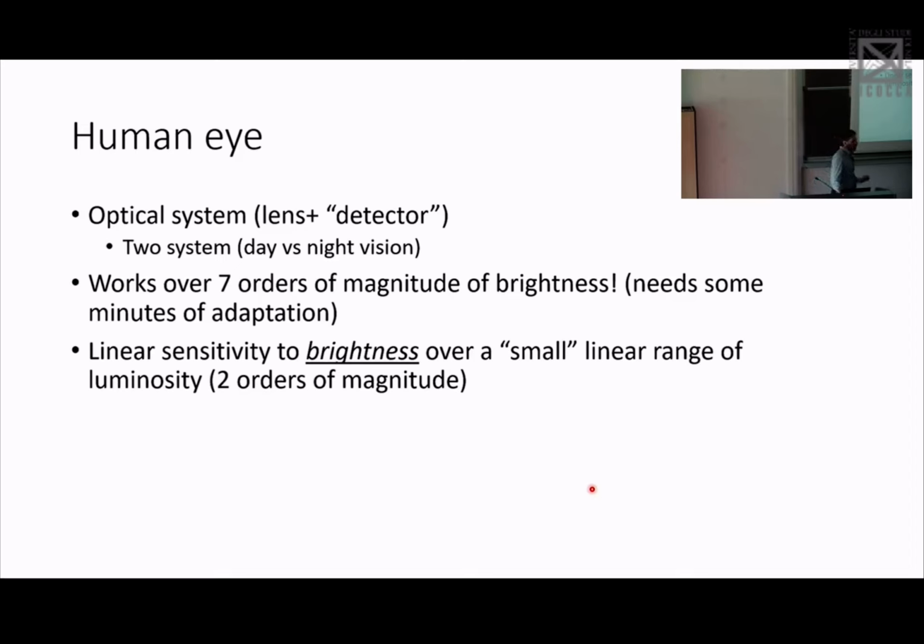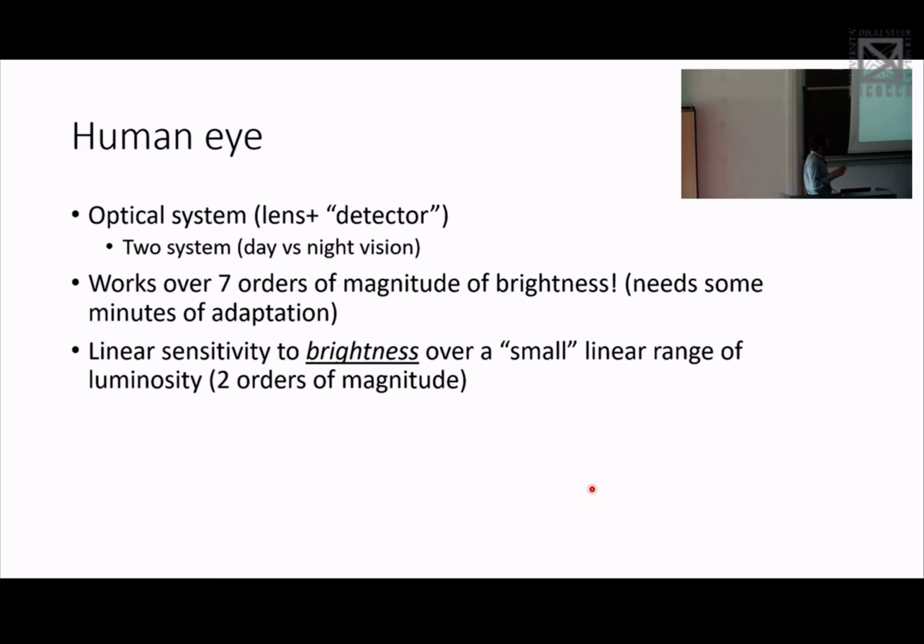However, in some way the eye is sensitive over a logarithmic scale of brightness. However, it behaves linearly over some small linear range of luminosity near the mean ambient luminosity, which is the adaptation that I was talking about before.